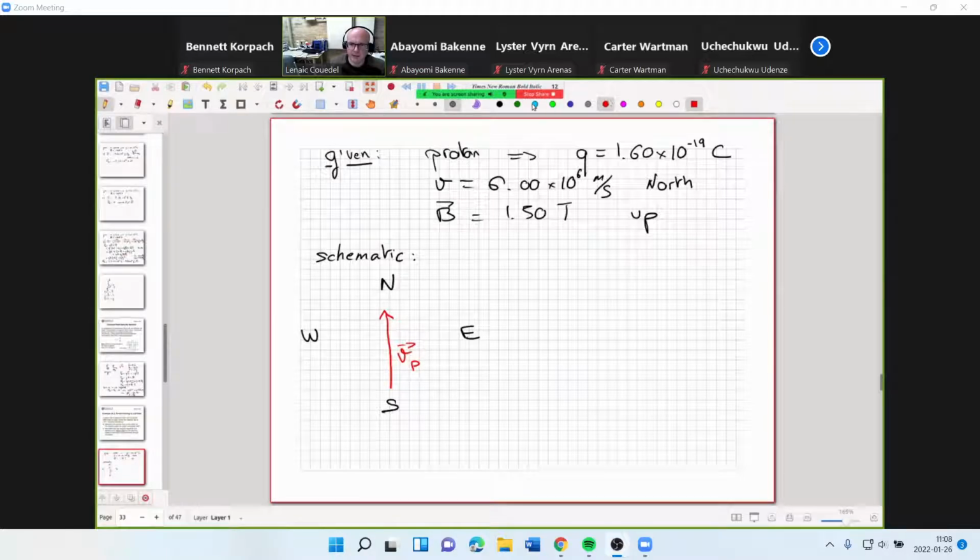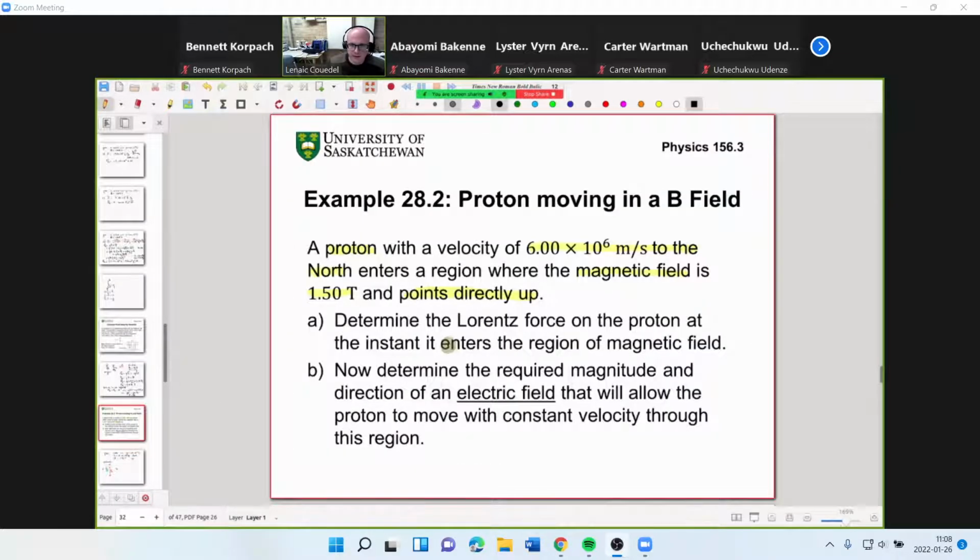And my magnetic field is pointing up, so towards me, like that. Now you have a visualization of the problem. Question A was determine the Lorentz force, so the magnetic force on the proton at the instant it enters the region of magnetic field.